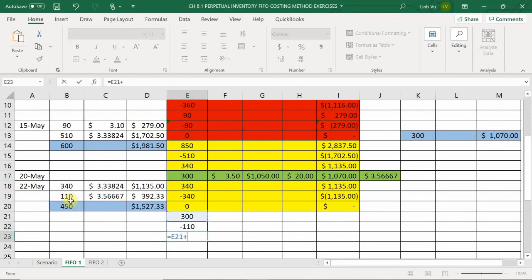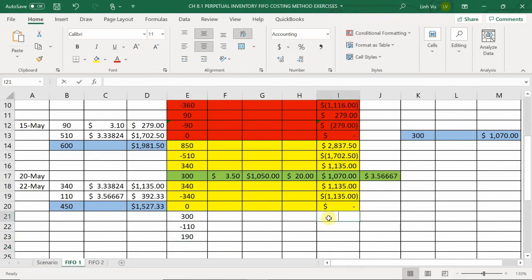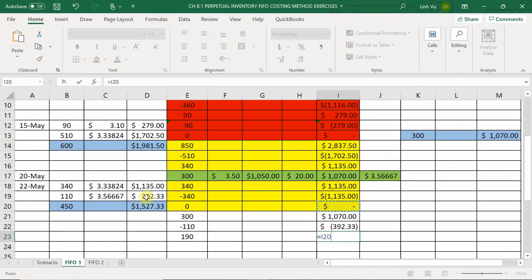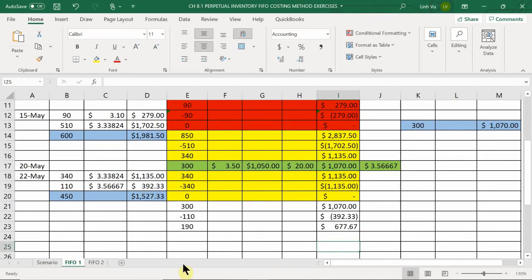So how much should I have remaining? 190. 190. Okay. So if I started with 1,070 minus the 392.33, I should get 677.67.